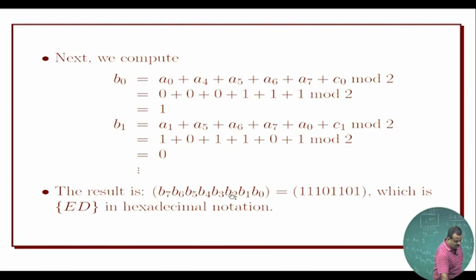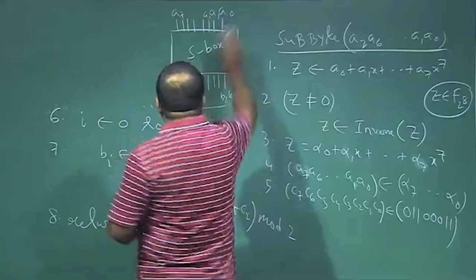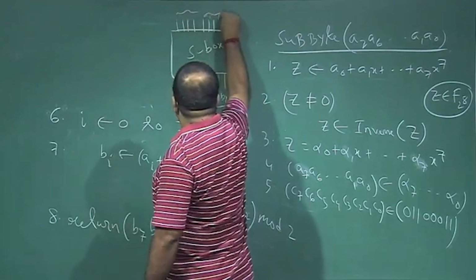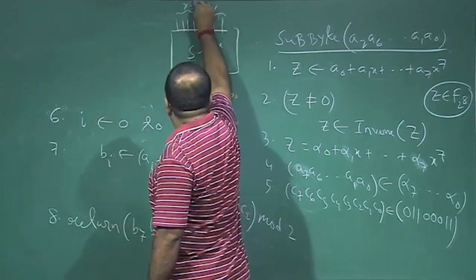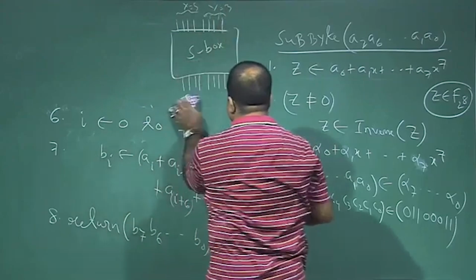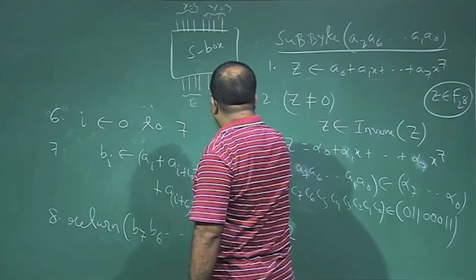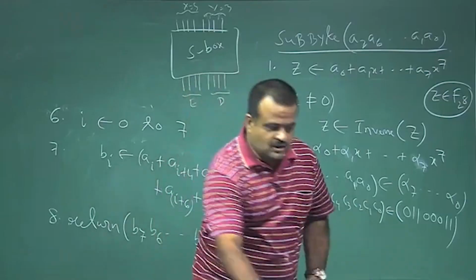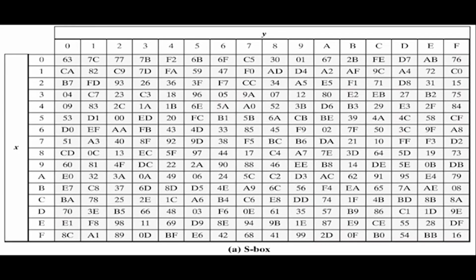This gives us the BIs, which in hex form is ED. So, if we have input 5 3, then the output is ED. If this is x and this is y, with x as 5 and y as 3, then the output is ED. Okay, so we can verify this from this table: if the input x is 5 and y is 3, then the output is ED.